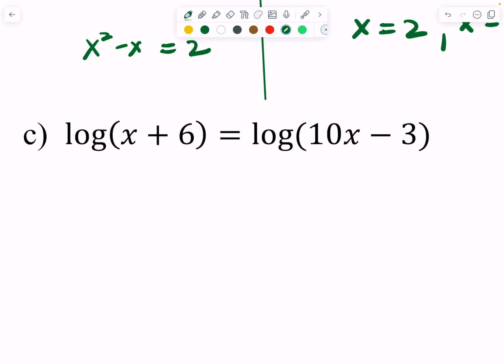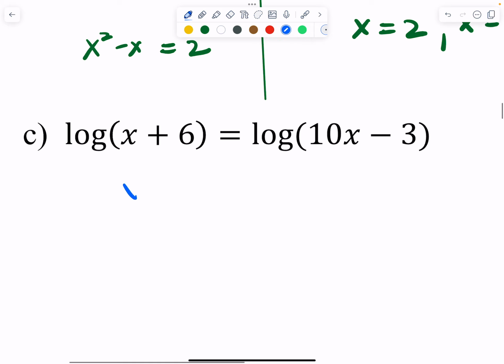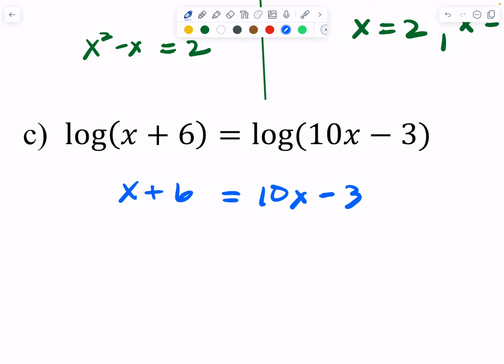So by the one-to-one property, we can rewrite this as x plus 6 equals 10x minus 3. So we've rewritten this equation to now look like a linear equation.